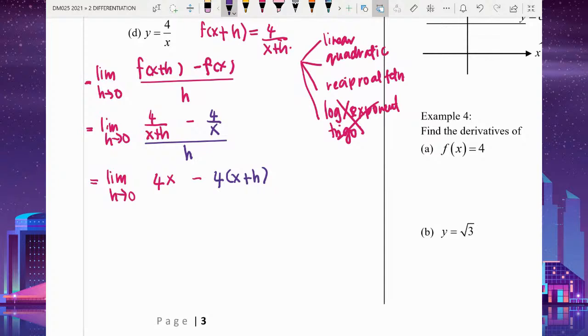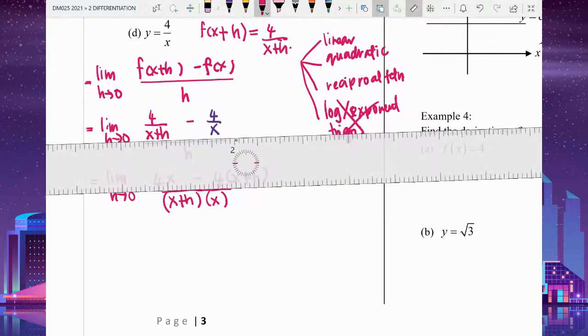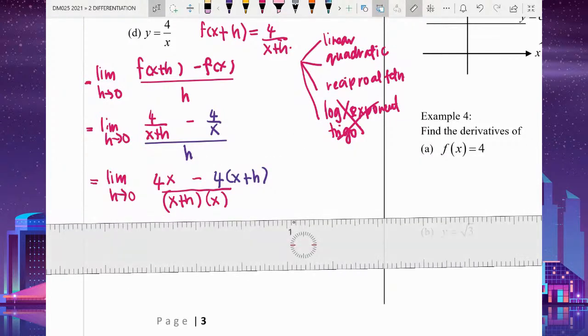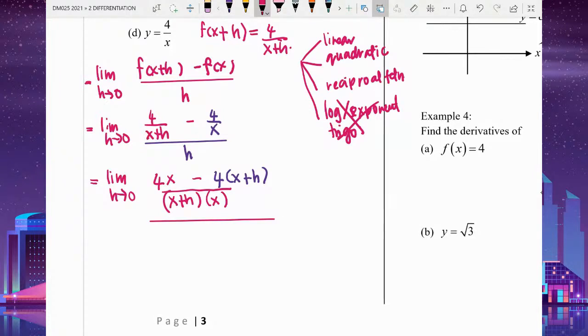Can we cross this with this? After you cross, don't forget to write the original one: with x, and then we have another over with h. Can or not? Can I proceed?